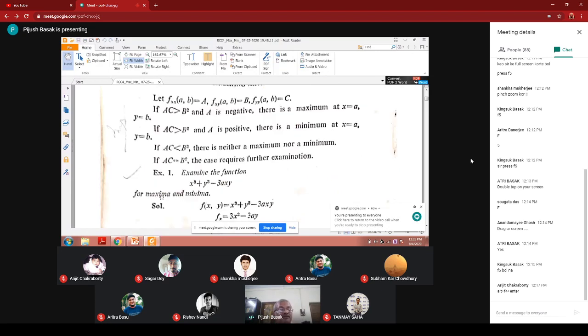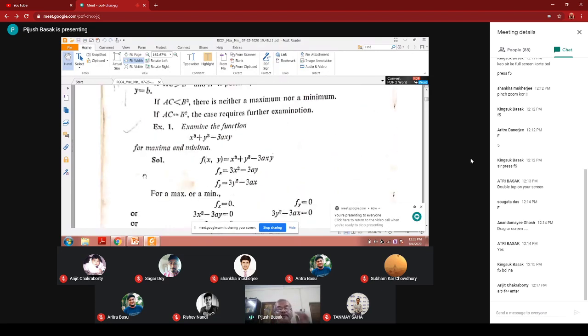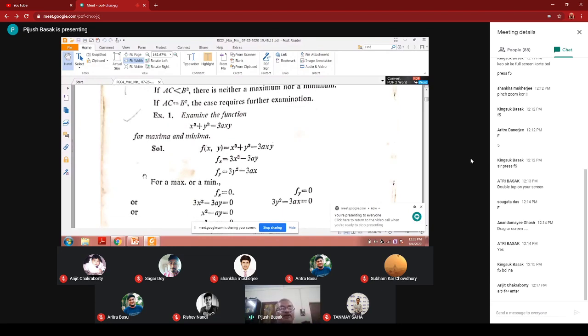Okay. Now I can start the problem because I have dictated the theory. If any doubt is in your mind, that will be cleared here. Examine the function x cube plus y cube minus 3axy for maximum and minimum.